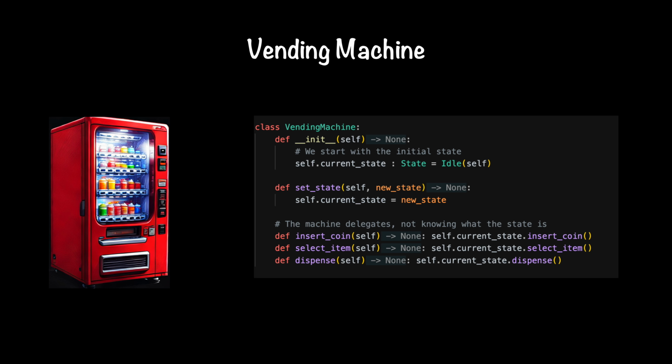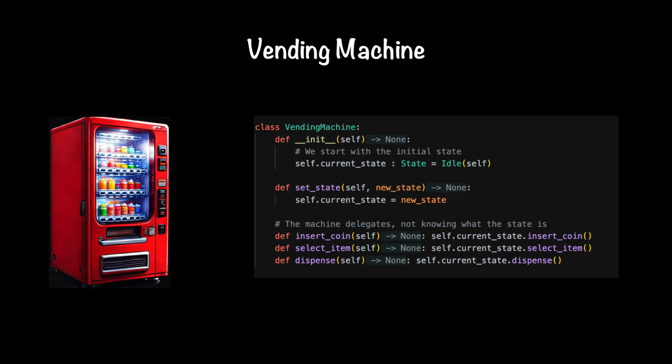Let's look into the implementation of a vending machine. These are the methods in the vending machine. This is our context. Whenever a user tries to insert a coin, we will use the current state variable and call the insert coin method inside it. Similarly with select item or dispense.